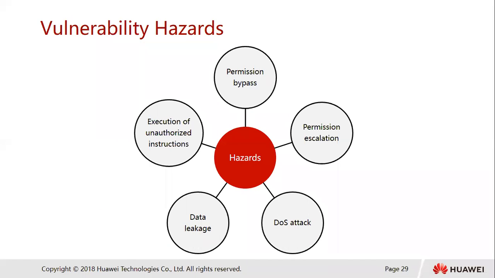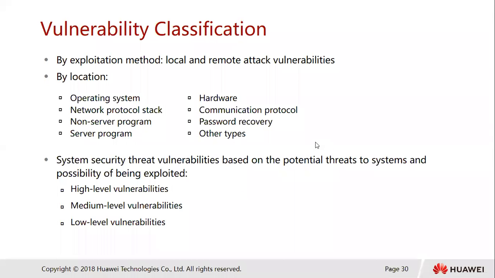Then they can go further and get the rights of an admin. That is what we call permission escalation. You're going to suffer from DDoS attack, data leakage, and then execution of unauthorized instructions. So vulnerabilities can lead to all these problems. Vulnerability classification.